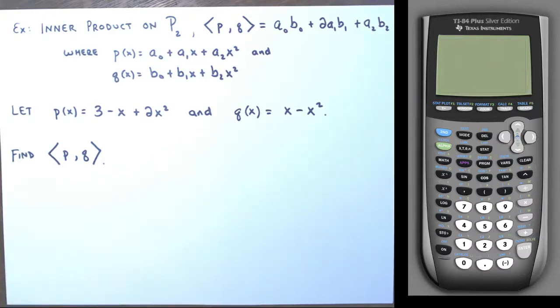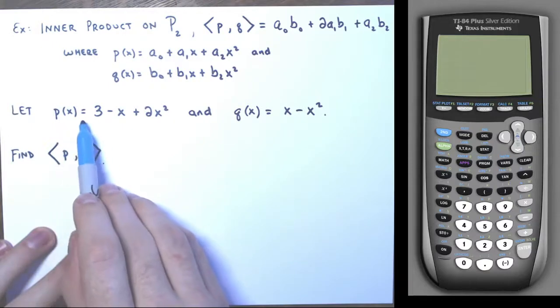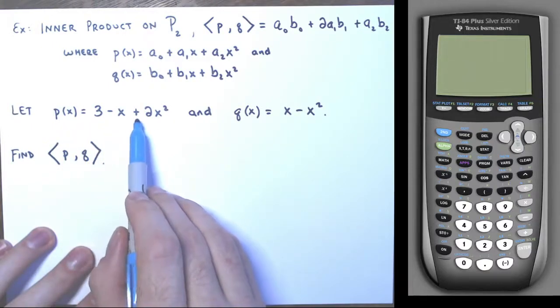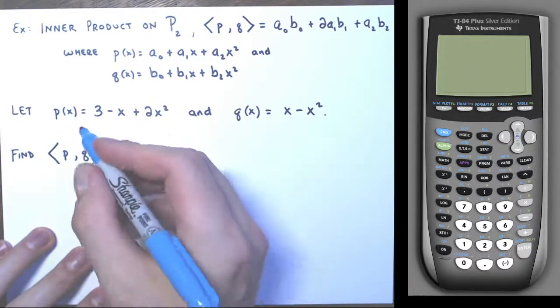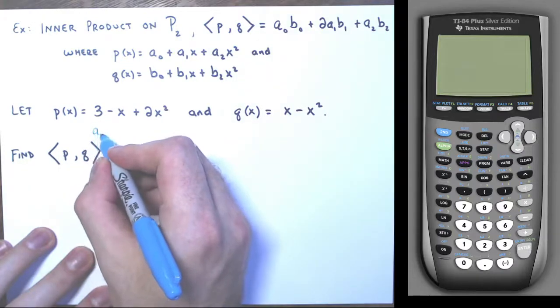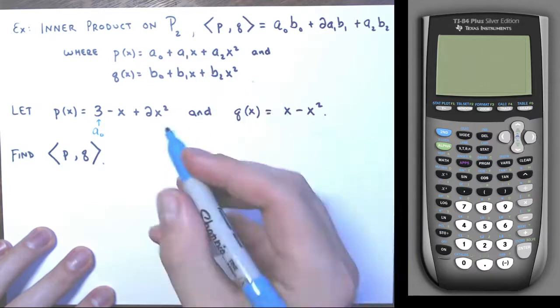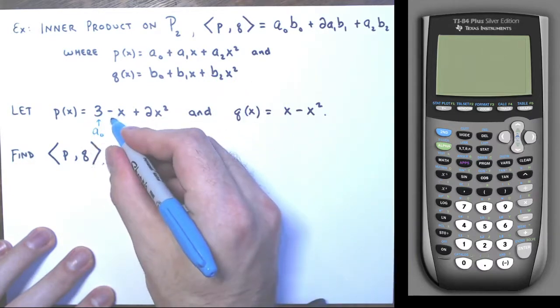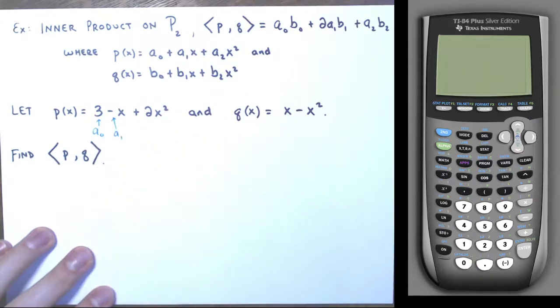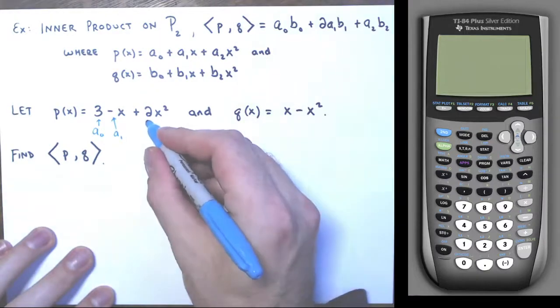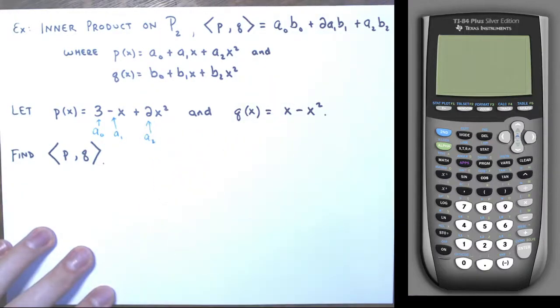Similar, but not. All right, so suppose given p of x equals 3 minus x plus 2x squared. So that means that a0, a1, and a2 are the coefficients of p of x. a0 is 3, a1 is negative 1, and a2 is 2, all right?